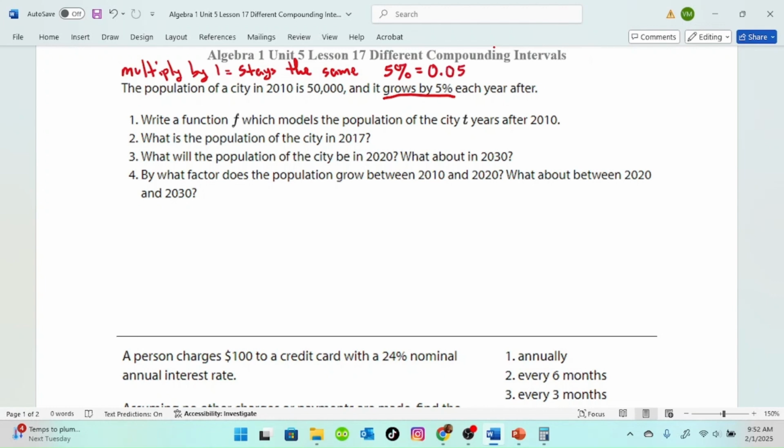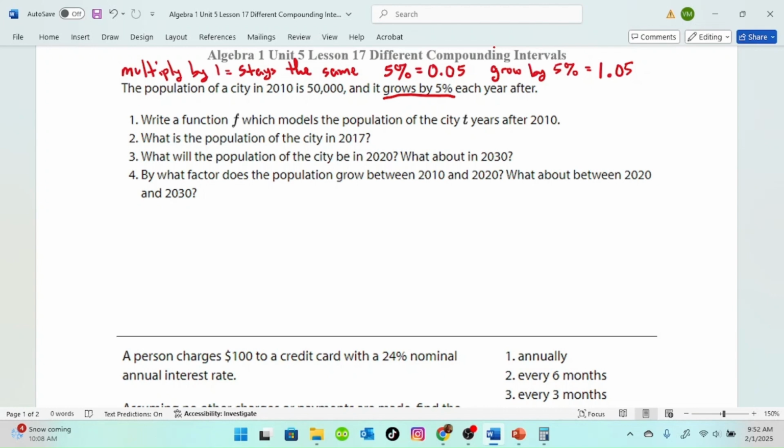You take the decimal point and you move it 2 spots to the left. So if I want to grow by 5%, then I need to have the 1, which makes the population stay the same, and then the 0.05, which increases that population by 5%.